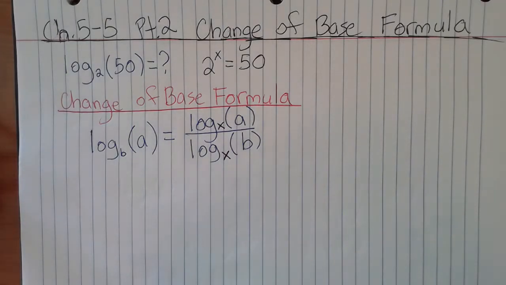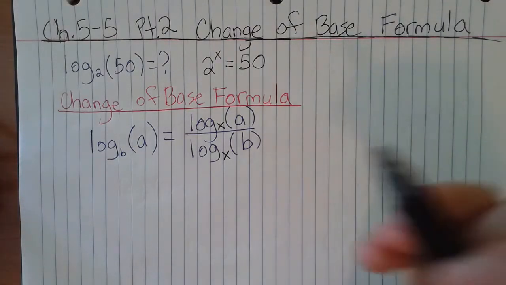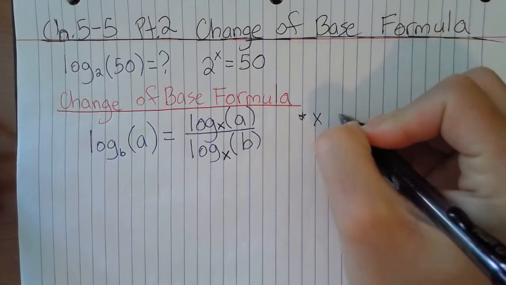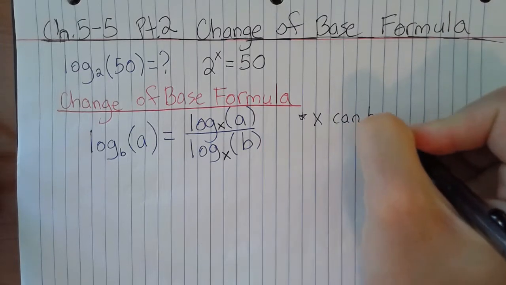The change of base formula, as you can see right now, is if you have log base b of a, you can write that as log of a certain base of a divided by log of the same base of b. And it turns out that base x could be any base you want.